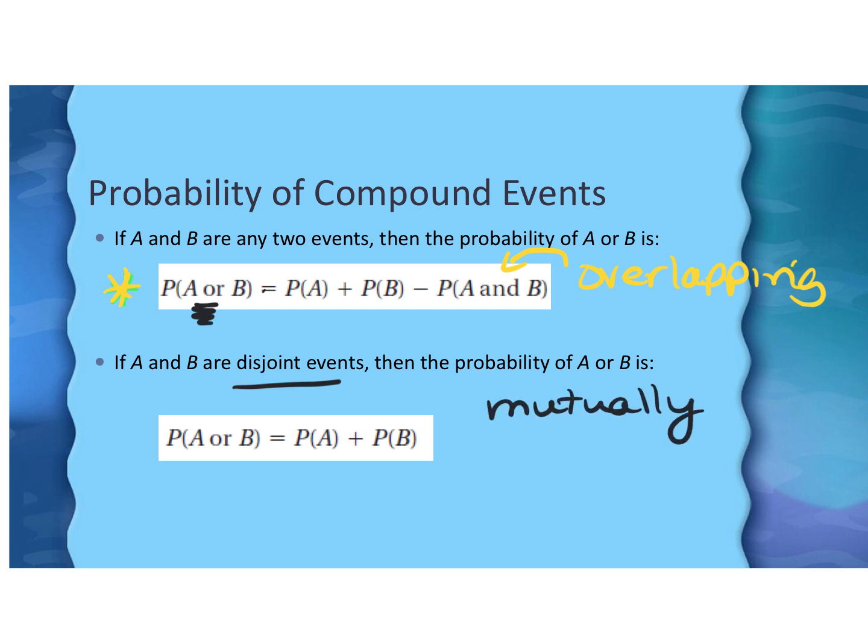And when the two events are mutually exclusive with nothing in common, then it's just going to be the simple probability of A plus the simple probability of B. Remember in 12.2, we multiplied the probabilities. Now we're adding them. And you're going to need to find common denominators when we're adding these fractions.